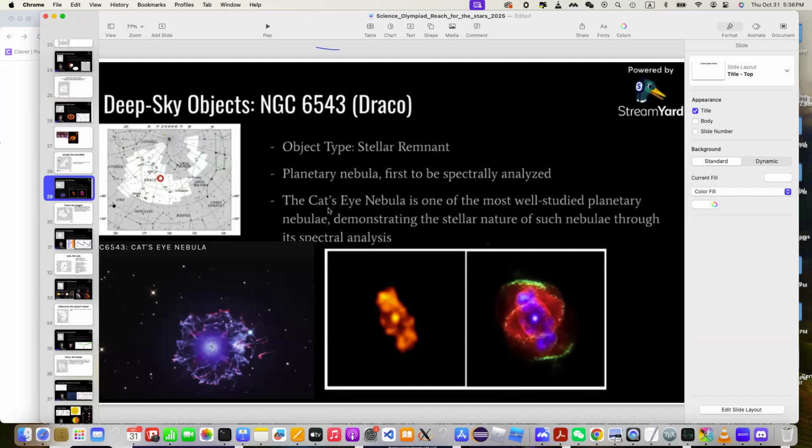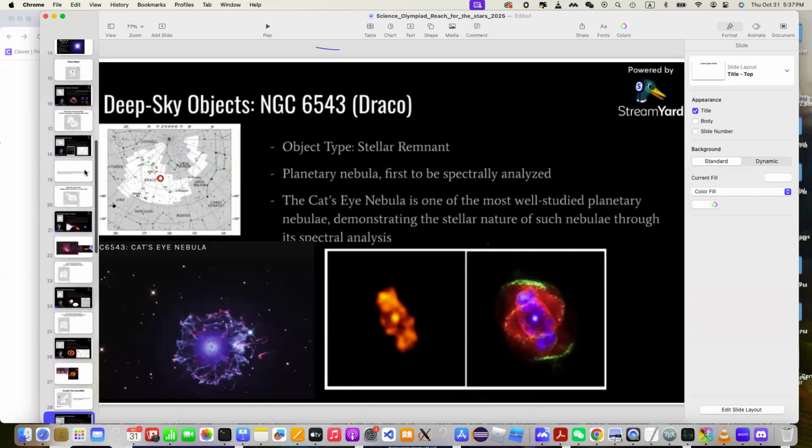Cat eye nebula. Okay. This is a planetary nebula. A planetary nebula is not a supernova. It is given off by a sun-like star. If the sun evolves into this stage, it will be some nebula quite similar to the cat eye nebula.